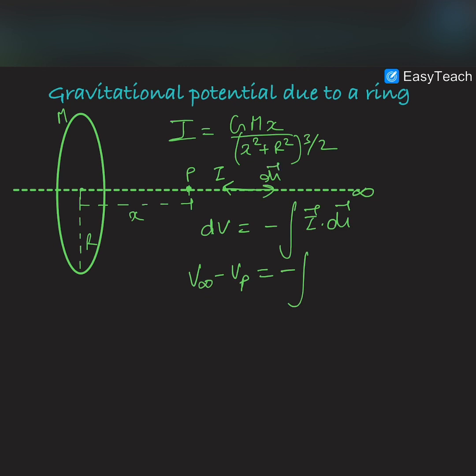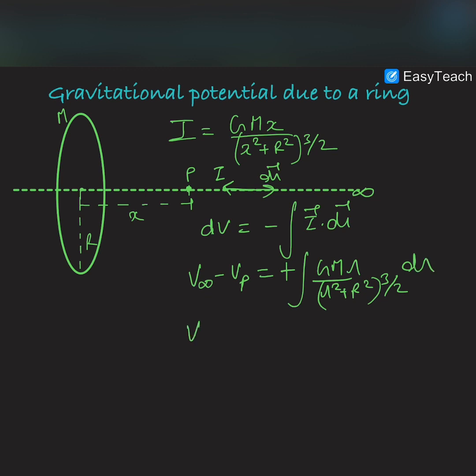So I dot dr would be negative, and there would be a negative sign which would make this positive, and I would be equal to GMx by x square plus R square to the power 3 by 2 into dr.